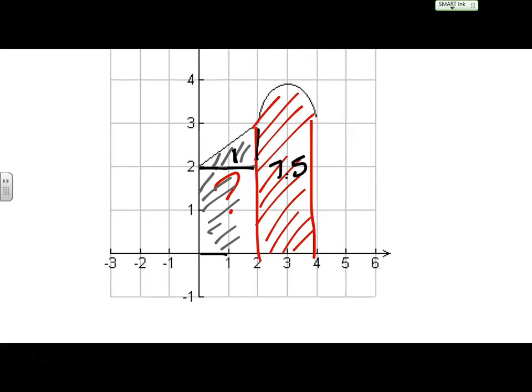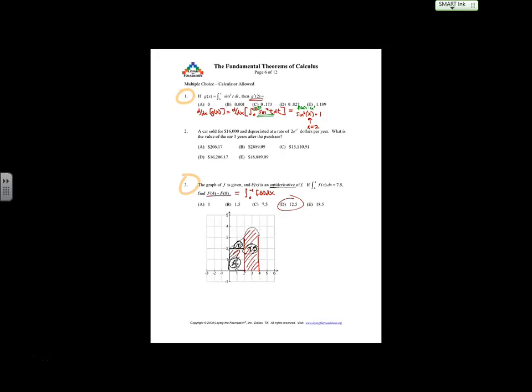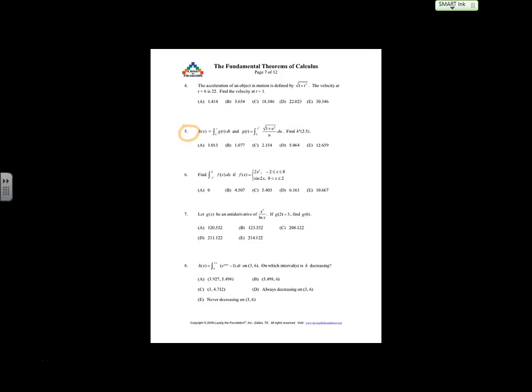This rectangle has a base of 2 and a height of 2. Isn't it going to be an area of 4? So it's 1 plus 4 plus 7.5. That was just a snazzy way of using FTC to have you keep on finding area. Number 5.